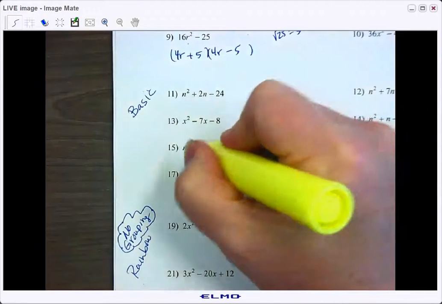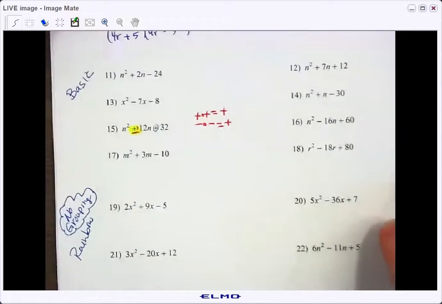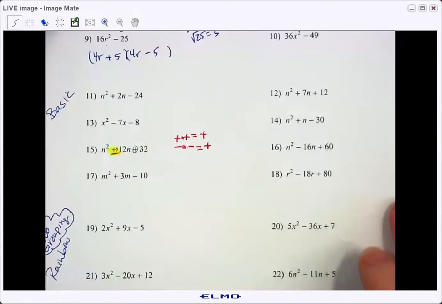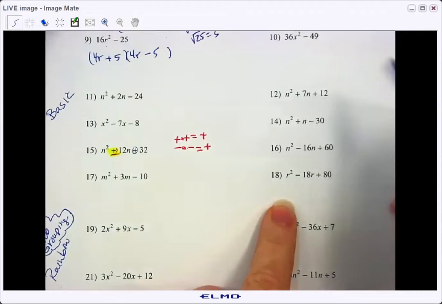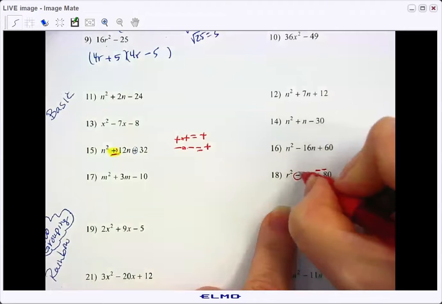This one tells me what I had. So I'm going to know that both of my signs are positive just from looking at that. I don't have to know anything about the numbers or anything. I just know that both of my signs are going to be positive. Okay. Over here, like number 18, I know that I have to have, in this case, a negative and a negative because this is negative.